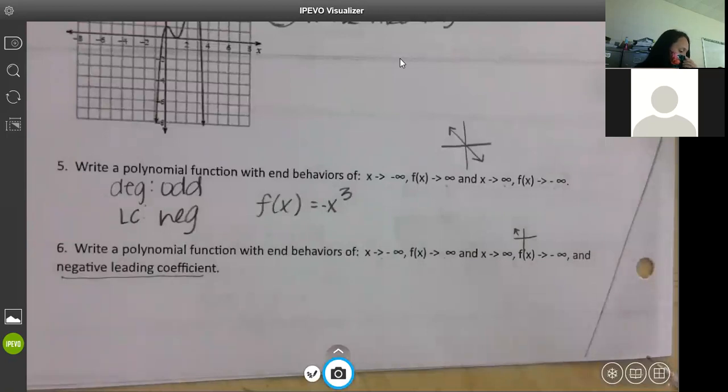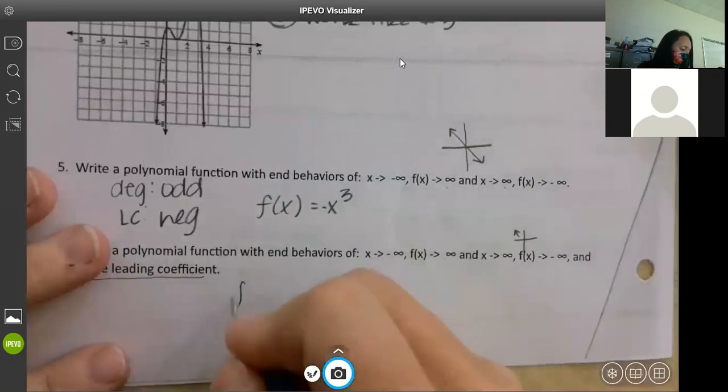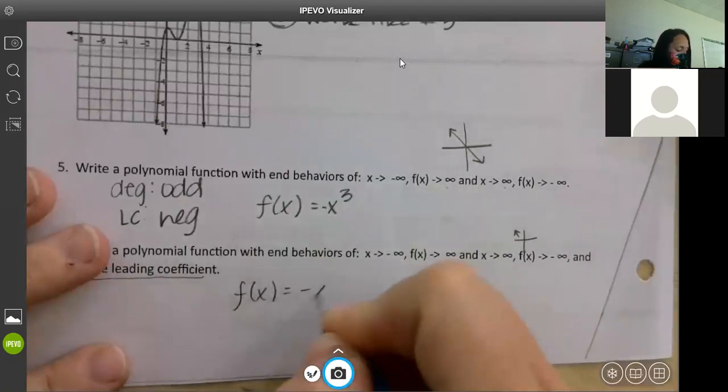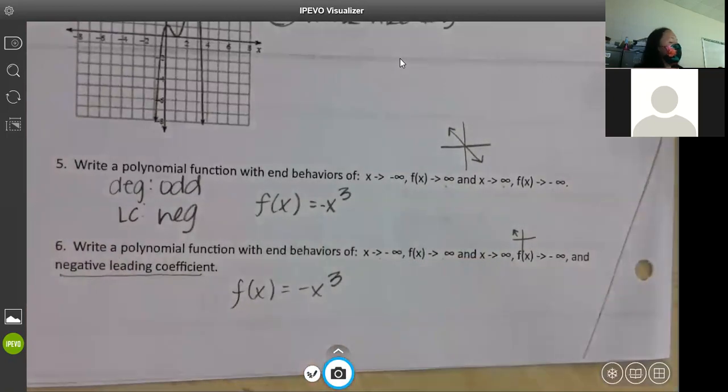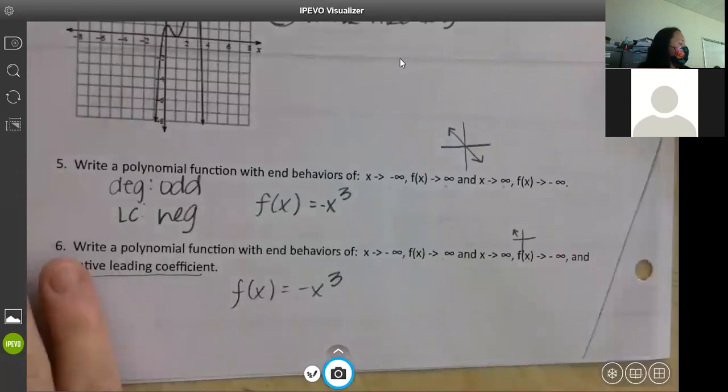What's our degree? Yeah, it's the same thing. That's all you gotta do. It's going to be odd because it points in opposite directions. It's going to be negative because it says it has a negative leading coefficient. Is everybody good? It cannot be even because they're not pointing in the same direction.